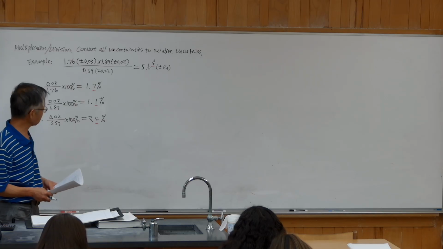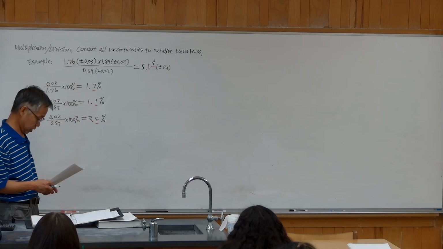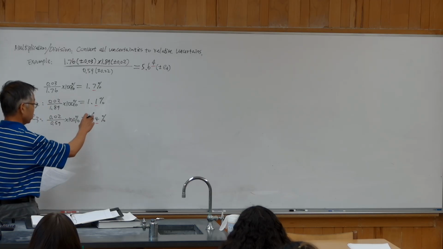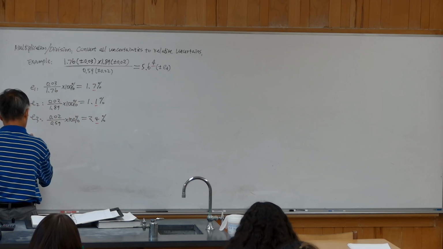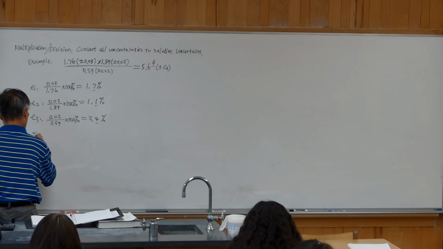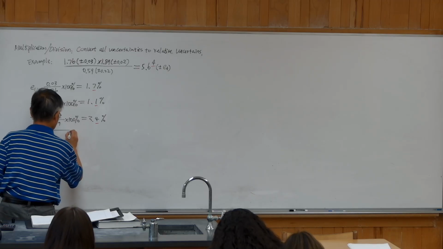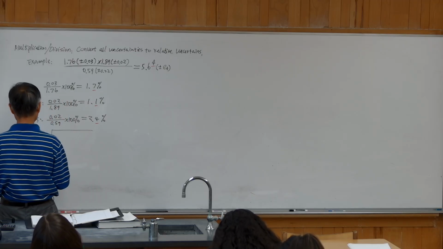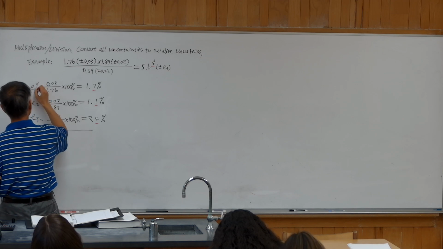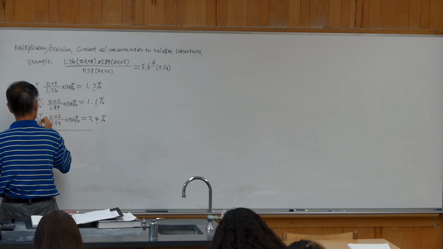Okay, so first convert this uncertainty to the relative uncertainty. Then we calculate the resulting uncertainty. Actually, more accurately, this should be percent, right? Error, what is percent?